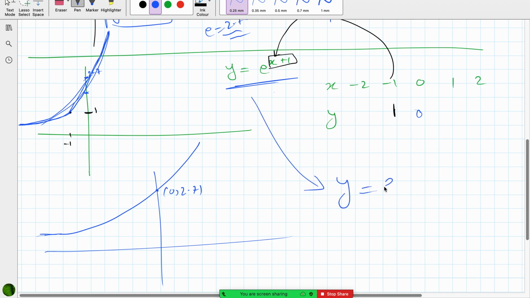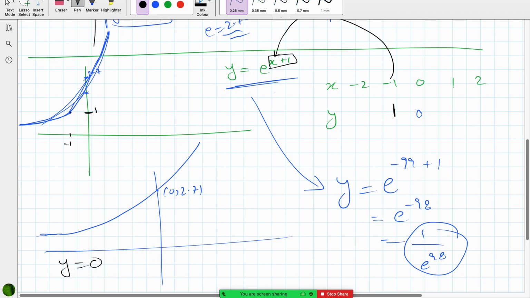Why so? For example, consider x is negative 99. So this will become negative 98. That is 1 over e raised to power 98. It is a very small value, but still positive. So it comes closer to that, and the asymptote will be y is equal to 0. Any confusion till now?